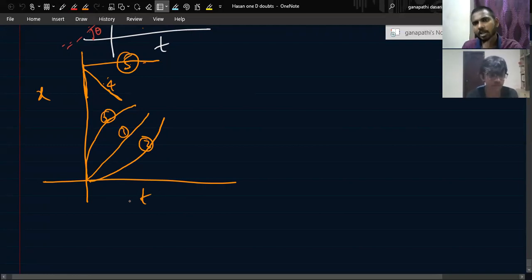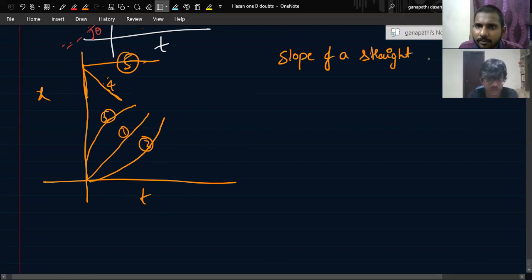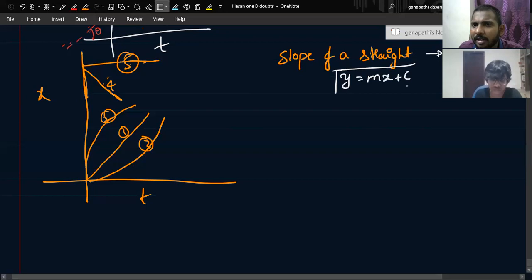In this one graph, I'll explain all the kinds of varieties. You know how to find out slope, isn't it? The slope of a straight line is what? Constant. A straight line has constant slope. Y is equal to mx plus c. You might have known this equation in your 9th, 10th.